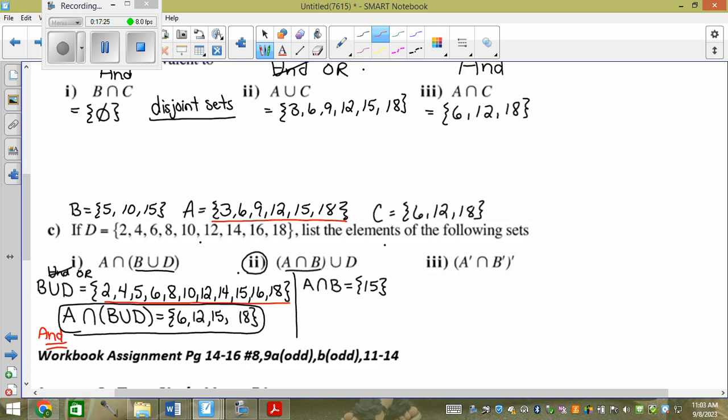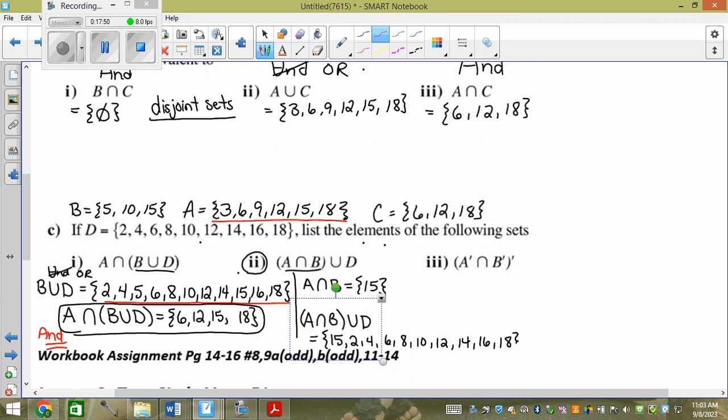That's or. So for this one, when I have A and B or D, I cannot think about it. I can just do this, okay? If it has a union or an or, I list all the stuff in A and B, so that's 15. And then I also list all the stuff in D. So cool. 2, 4, 6, 8, 10, 12, 14, 16, 18.